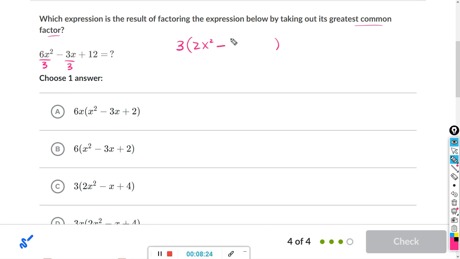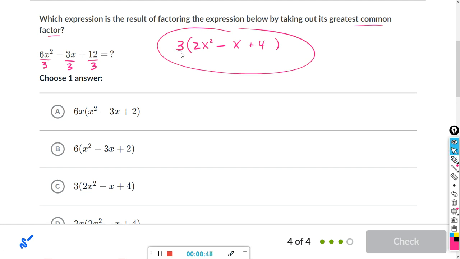So you can write negative 1x, but you don't need to write the 1. All right, so it's really just negative x. And then finally, 12 divided by 3 is just positive 4. So that's it. Just look for this answer.